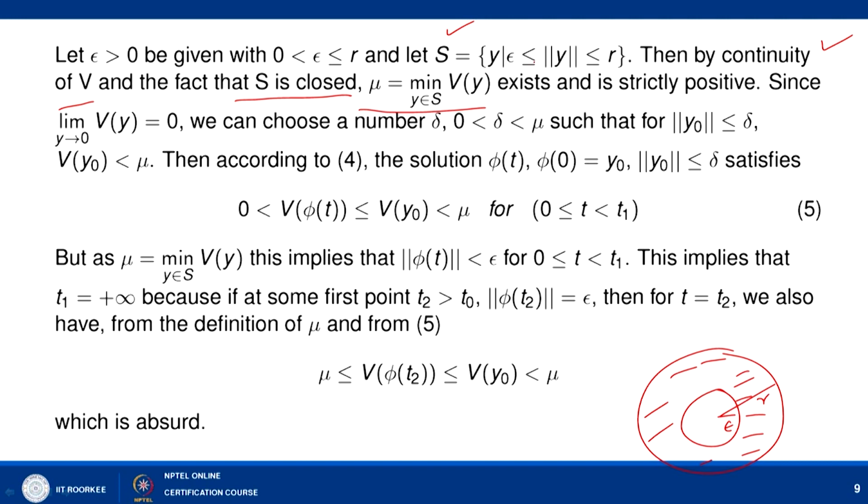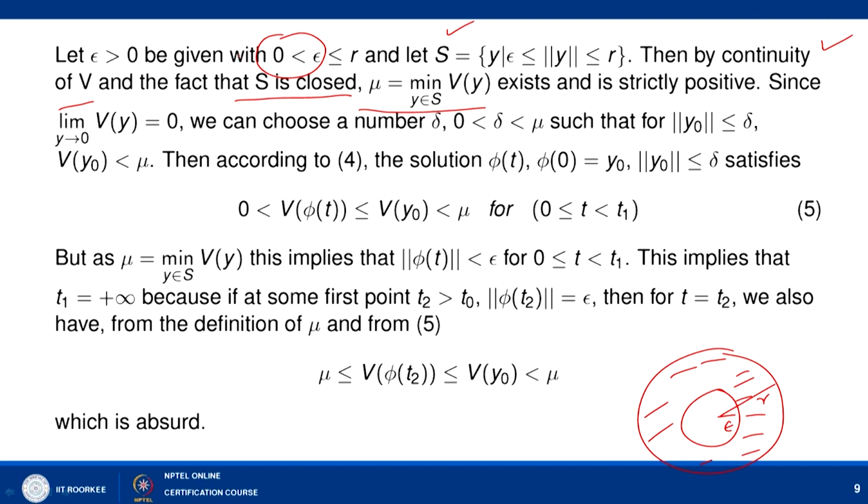Because norm of y is greater than or equal to epsilon and epsilon is positive, so V of y takes only positive values in this region S and will not take any negative value. V of y can take the value 0 only when y is 0.